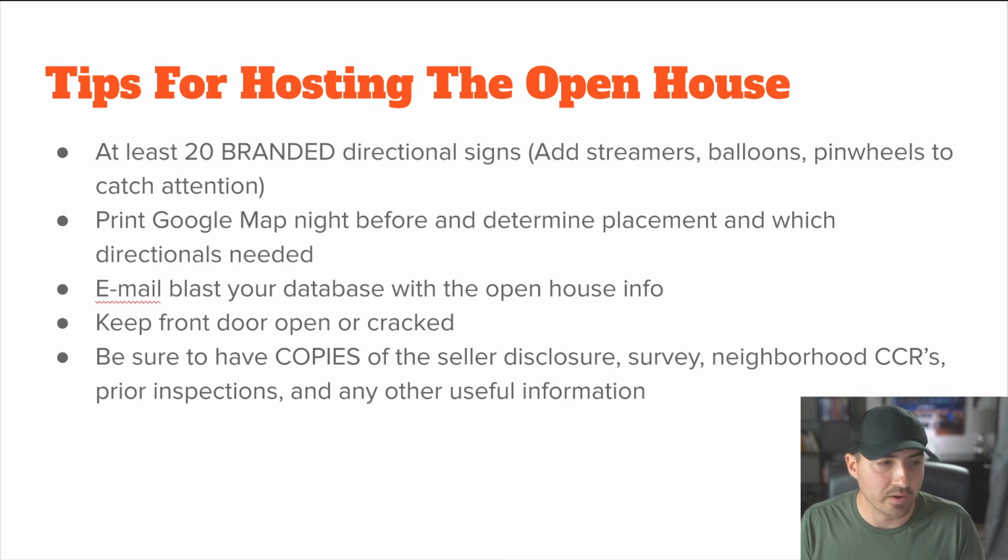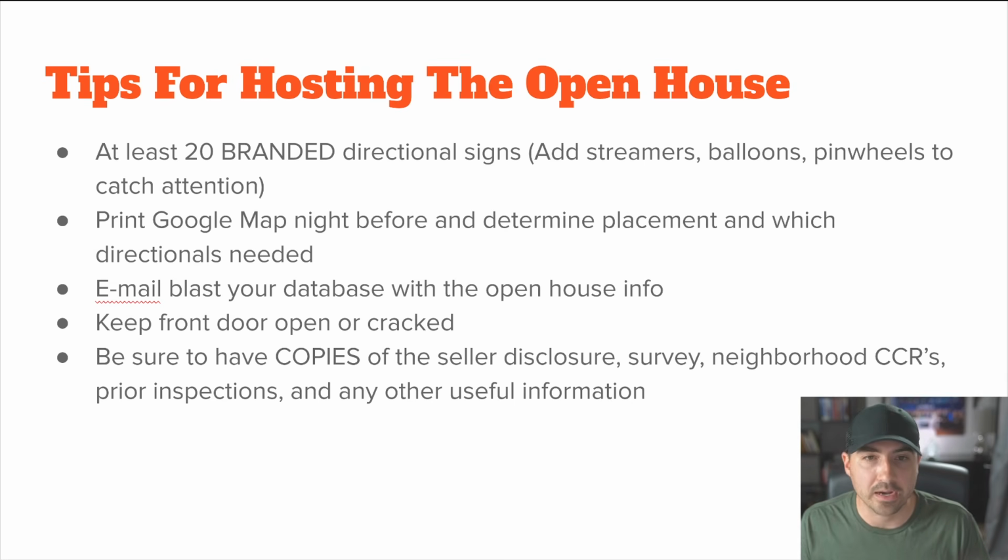So that's important. And then be sure to have copies of the seller's disclosure, survey, neighborhood CCRs, prior inspections, and any other useful information for a buyer. And notice how I said copies, like print out copies. This is something that you need to do ahead of time. Get that from the listing agent. Make sure that you print them out at your house before you arrive, and you have copies to give to people.